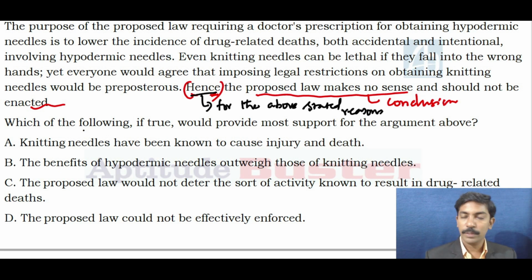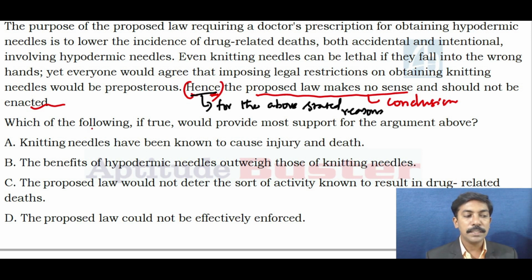Let's go to the question now, because we identified the claim. Which of the following, if true, would provide most support for the argument above? You have been asked to find an option that should support the claim.